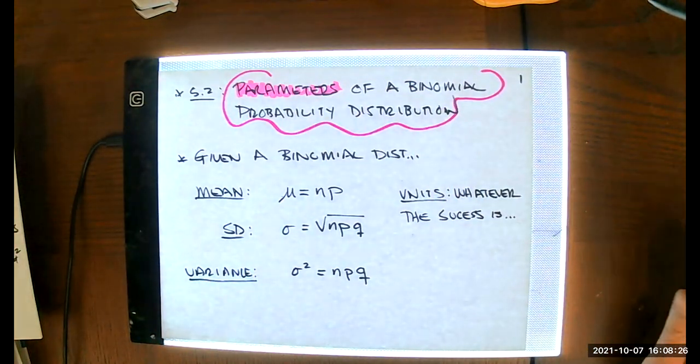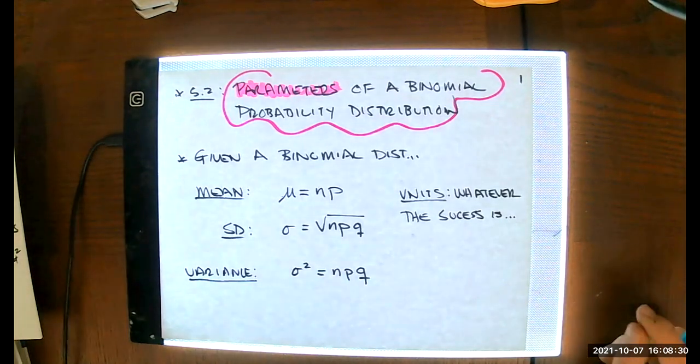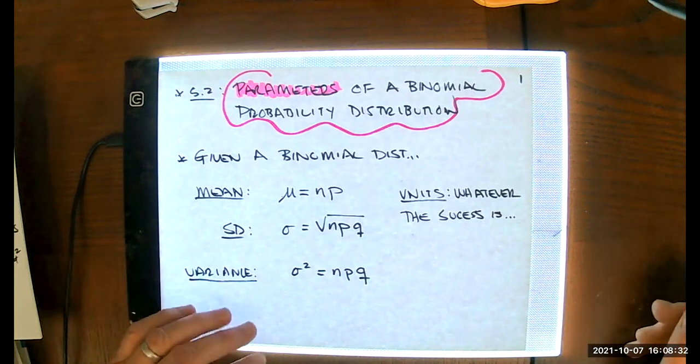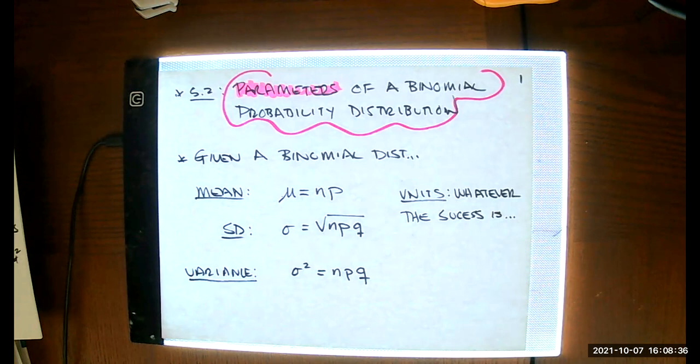So, if we do have one of these binomial distributions, and we'll take a look at one in a moment, this is one of the few places our calculator is not much help. We actually need the formulas to find the mean, the standard deviation, and the variance with a binomial distribution.